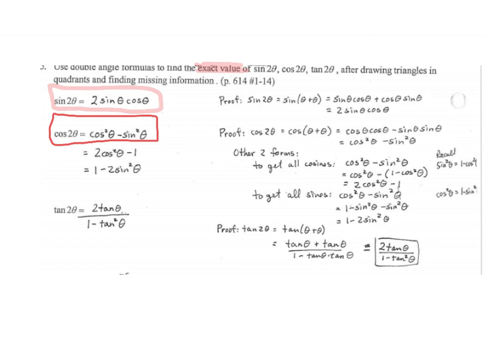And the cos of 2 theta is cosine squared theta minus sine squared theta, which is different from the Pythagorean identity, which is a sum of cosine squared and sine squared.